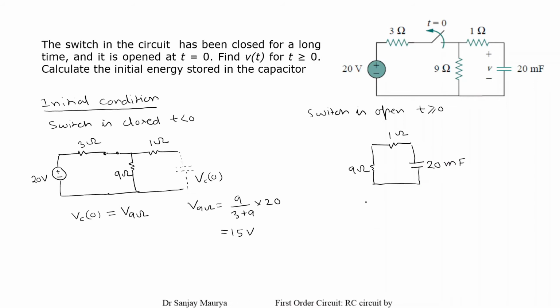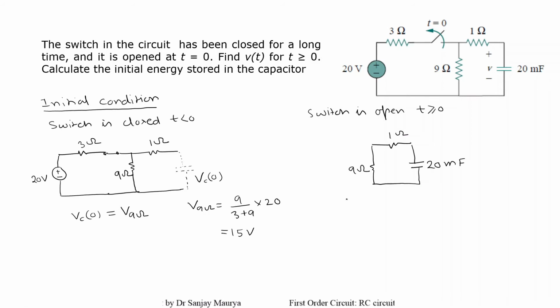Now our aim is to determine the value of the time constant, tau equal to RC, since the charge stored by this capacitor is going to be dissipated across these resistors. To determine the value of R, we need to remove this capacitor and look at these two terminals. These two resistances appear to be connected in series.